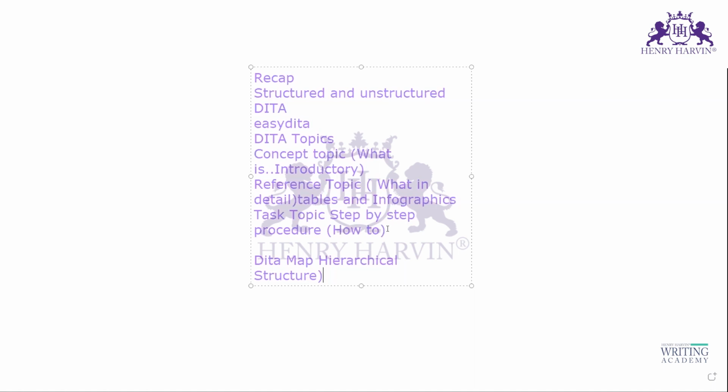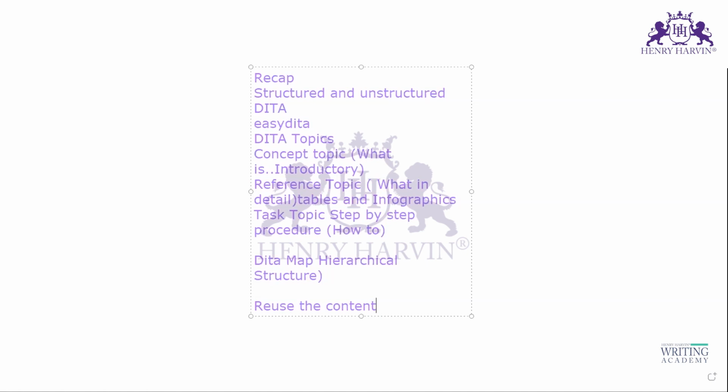But here, we'll be creating several different topics, and then we'll merge them into one DITA map. Now, why are we doing it? What is the main purpose of this? To reuse the content. If you want to reuse the content, you can take one topic from any of the files.